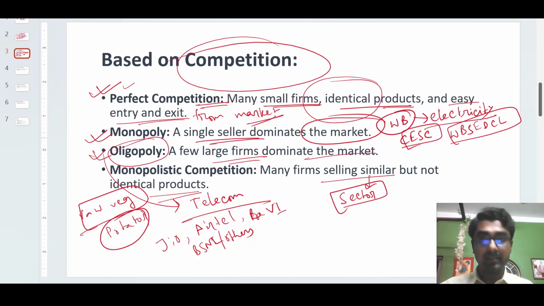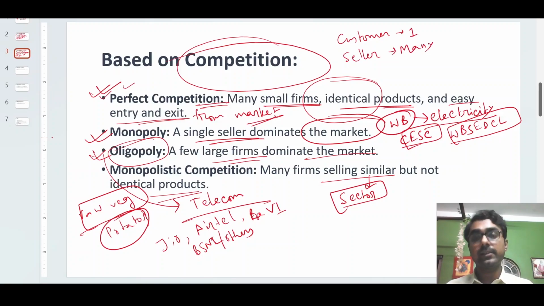So in these different types of market, based on the competition, you should know that in the case of perfect competition, the purchase power or the bargaining power of the customer is very, very important. There, the number of customers is one, but the number of sellers is many.